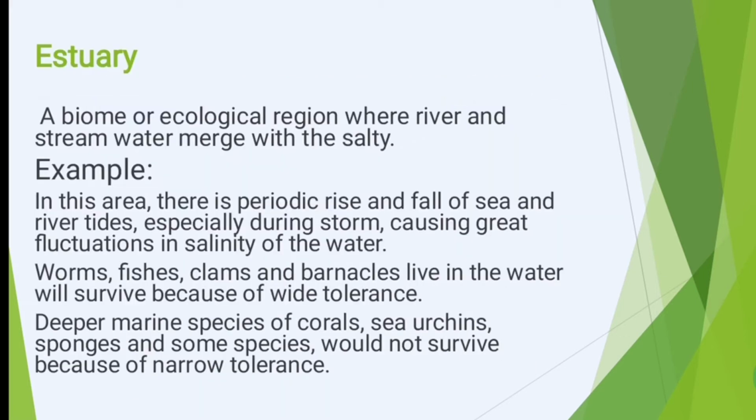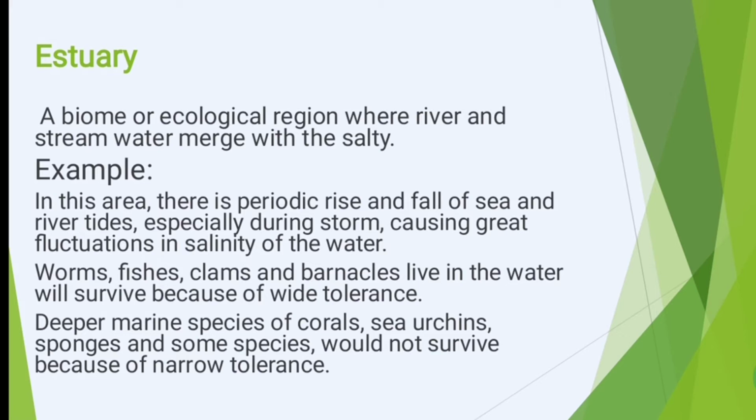A typical example of tolerance is an estuary, a biome or ecological region where river and stream water merge with the salty sea water. In this area, there is a periodic rise and fall of sea and river tides, especially during storms, causing great fluctuation in salinity of the water.